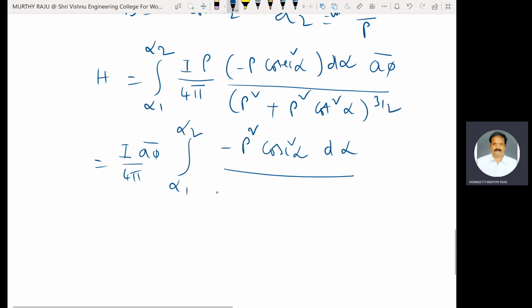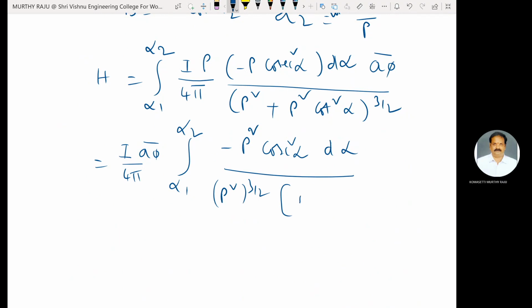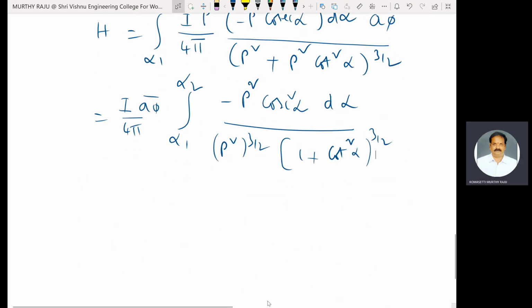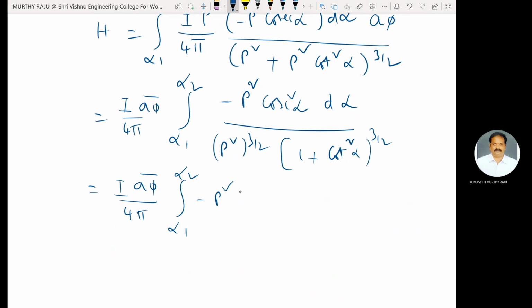Rho square is a common term, rho square into 1 plus cot square alpha to the power 3 by 2.